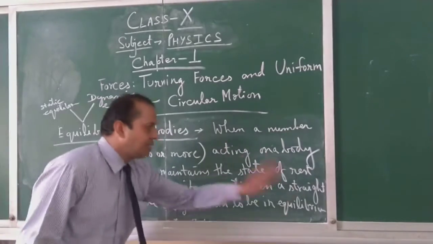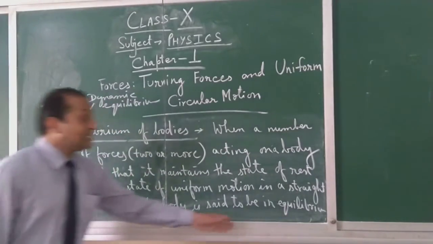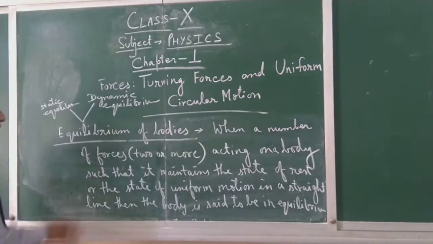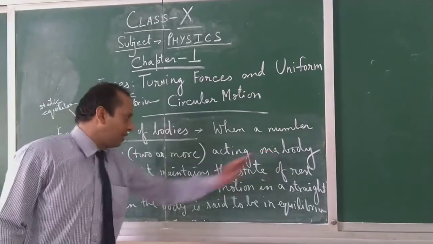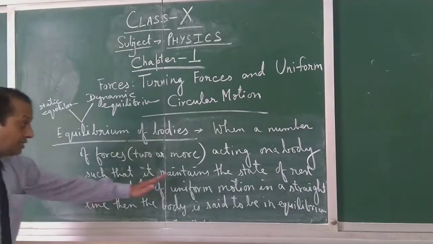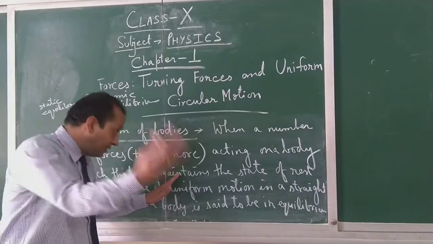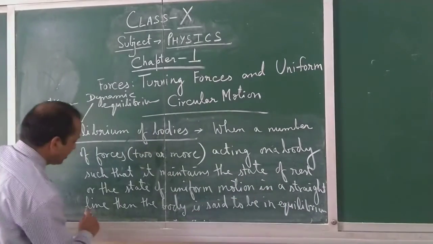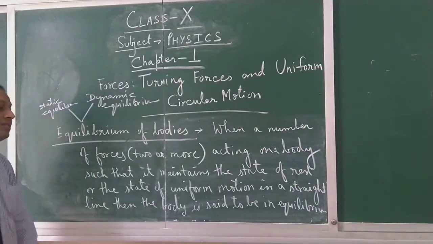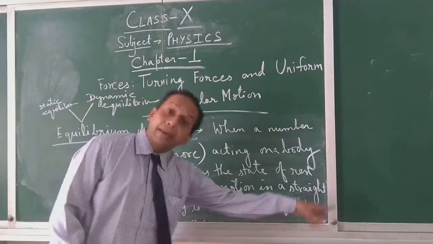Don't write uniform motion in a straight line, because it is static equilibrium. Then the body is said to be in static equilibrium. But for dynamic equilibrium, when a number of forces, two or more, act on a body such that it maintains the state of uniform motion in a straight line, then the body is said to be in dynamic equilibrium.